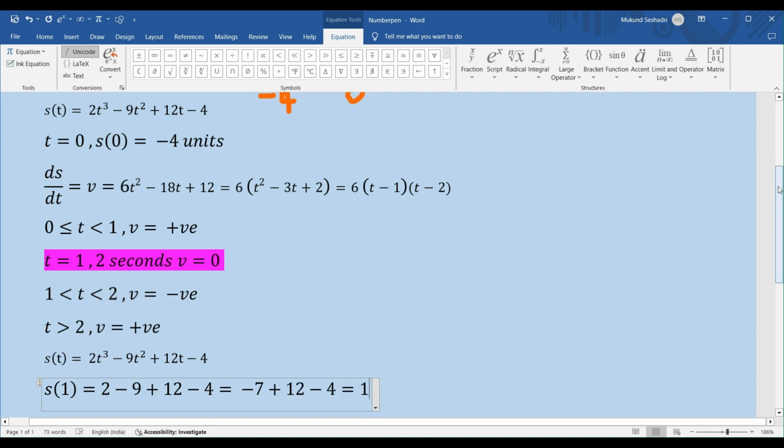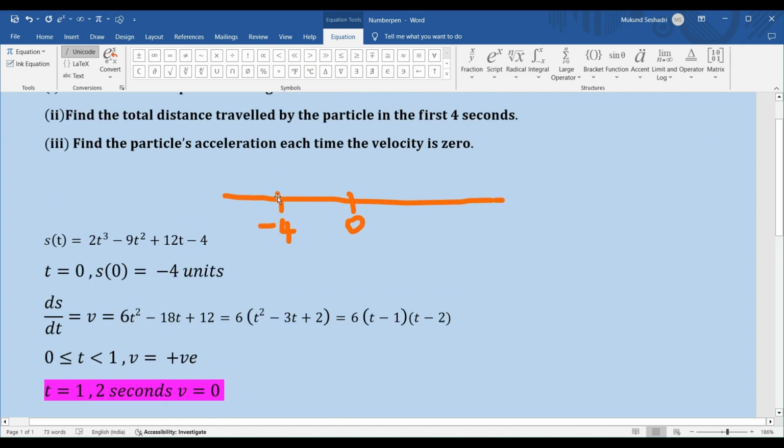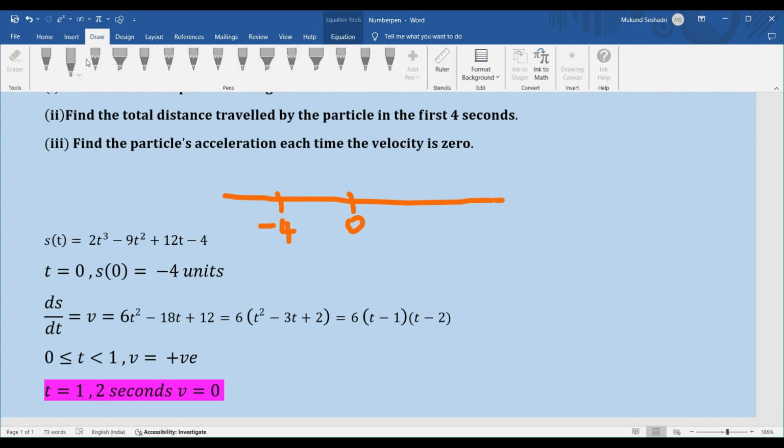So what I see, the particle at t equals 0 is at -4, and let me use my pen here. Okay, and at t equals 1 it has come to your point. -4 is at t equals 0, and at t equals 1 it is at 1.